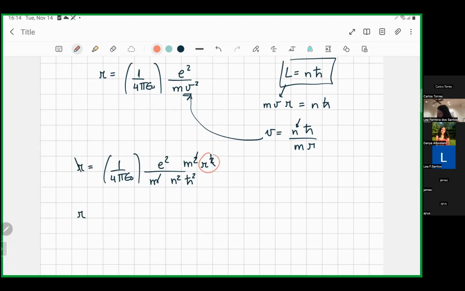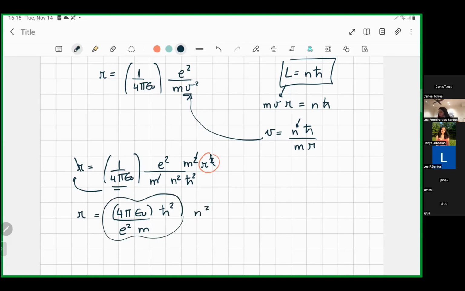So the equation for this r is now 4 pi epsilon 0. So this came up. And then we have at the bottom e squared, m, and h bar squared, and n squared. I think this is now right. So we found an equation for the r.